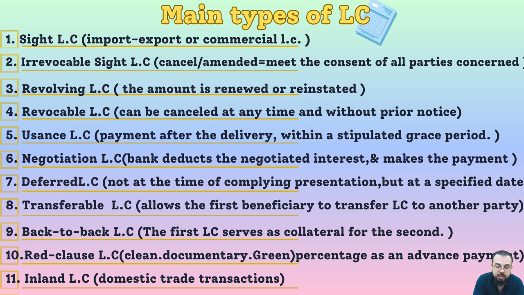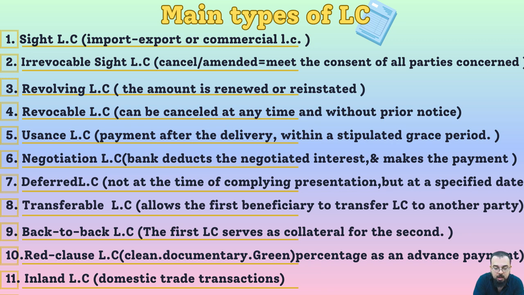On the other hand, we have revolving LC. It means one letter of credit process, one process that could continue for a long time. Next one, revocable LC. A revocable LC can be cancelled or amended by the issuing bank at any time and without prior notice to or consent of the beneficiary.